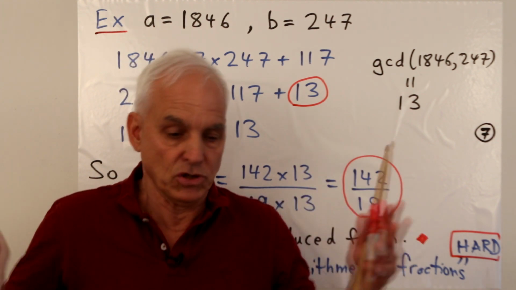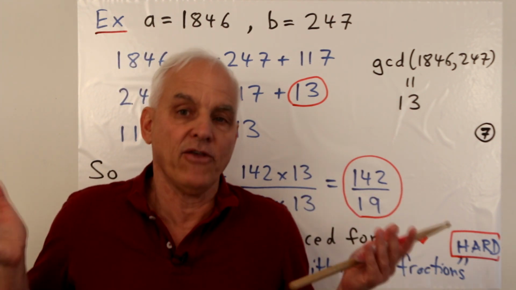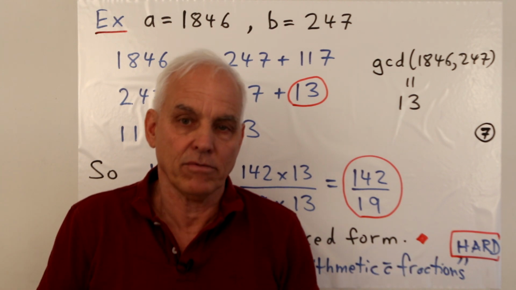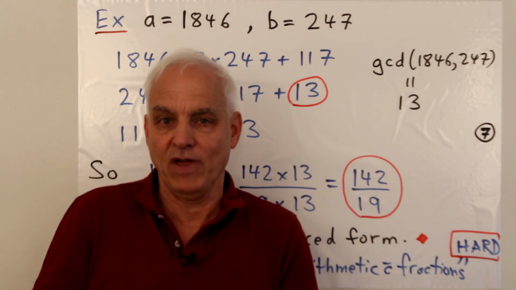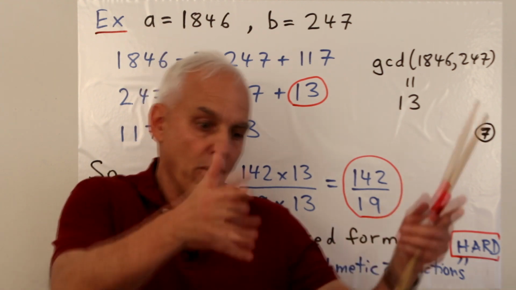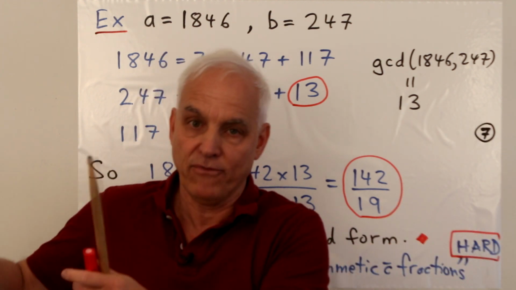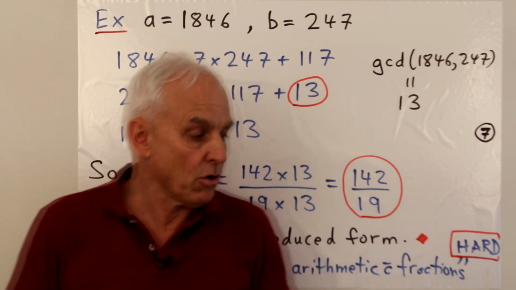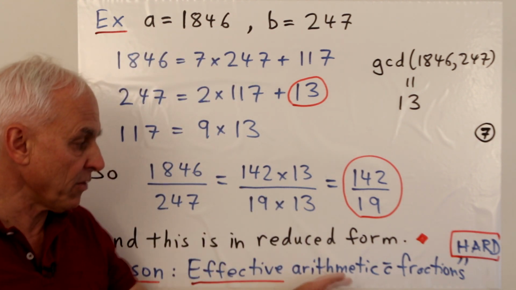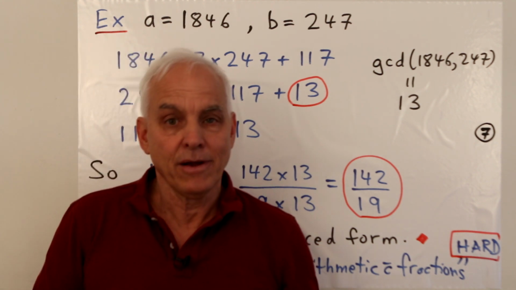Because otherwise, computations just blow out. You get just these huge numerators and denominators, and nobody has even the faintest idea, more than rough, about what quantities these really represent. And whether your big fraction is the same as my big fraction is the same as Jane's big fraction. So effective arithmetic with fractions is actually quite hard.